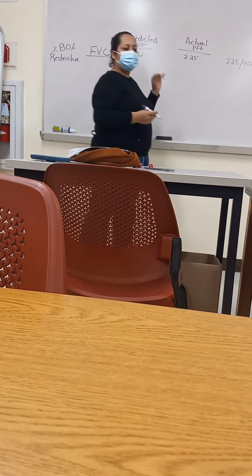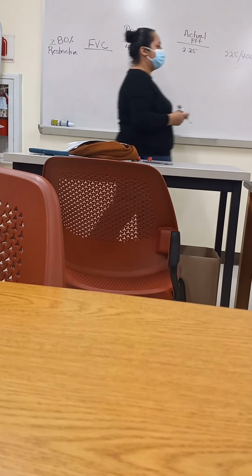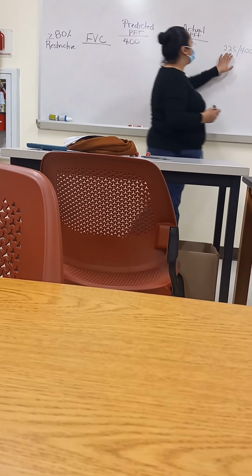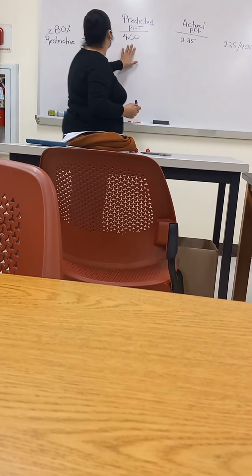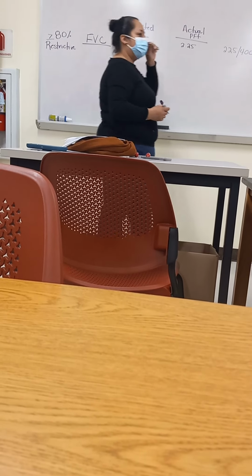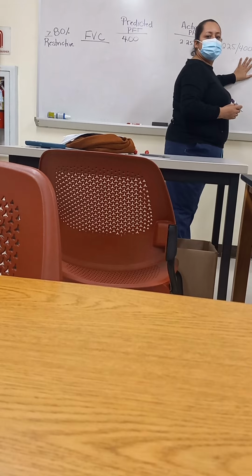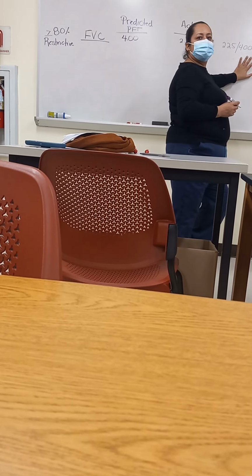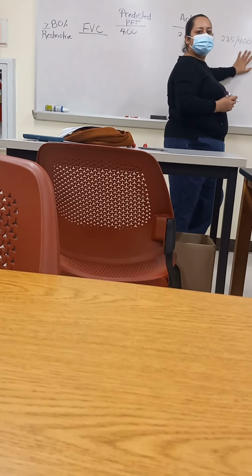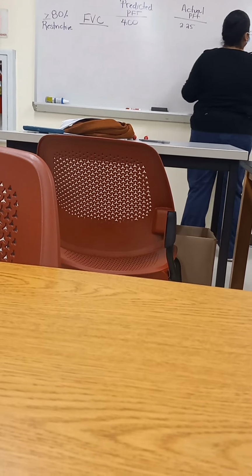What did I get? You divide what they actually got over your predicted to get your percentage. So what's my percentage? Who has a calculator? 56%?